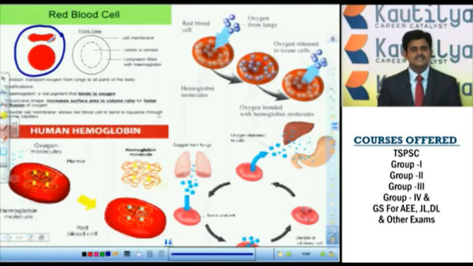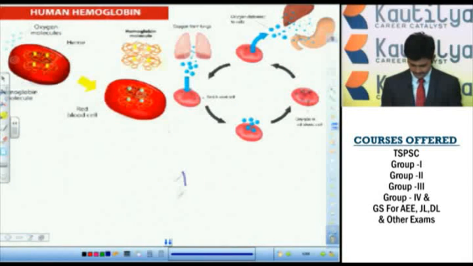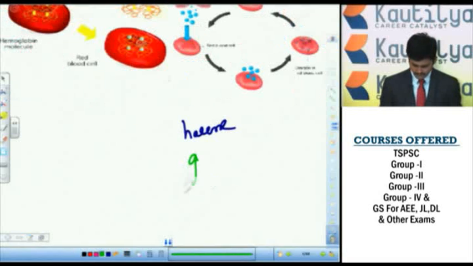And why are these RBC red in color? Because of the presence of a protein called hemoglobin. It may be called a protein, a pigment, or a molecule. Hemoglobin is a combination of two parts, heme and globin.